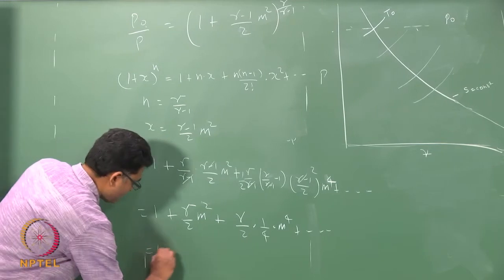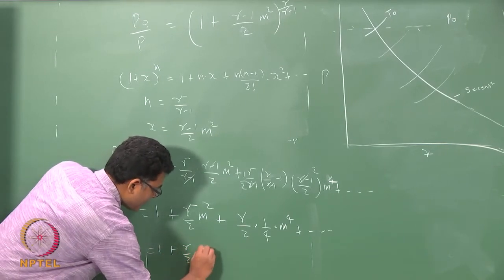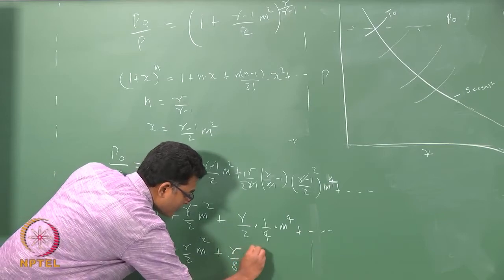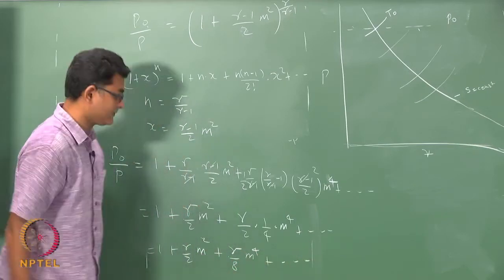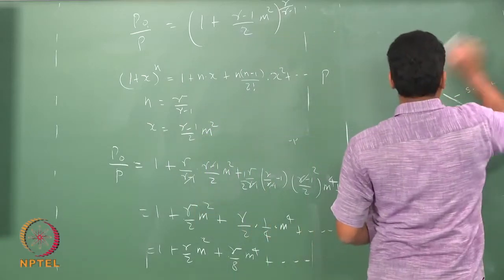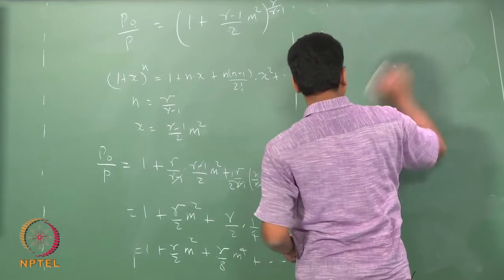So, this is nothing but 1 plus gamma by 2 M square plus gamma by 8 M to the power 4 and goes on. So, what does this equation tell you?